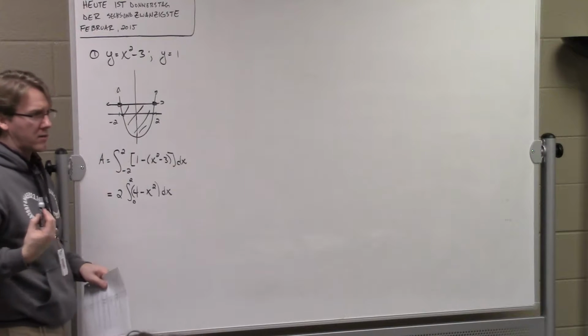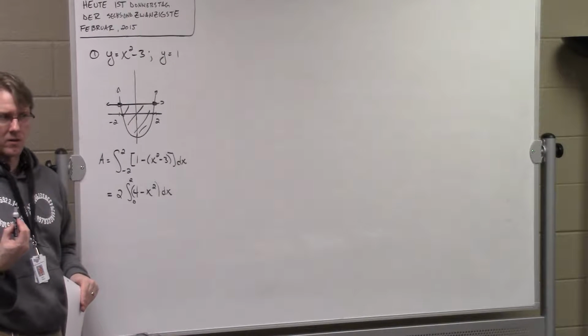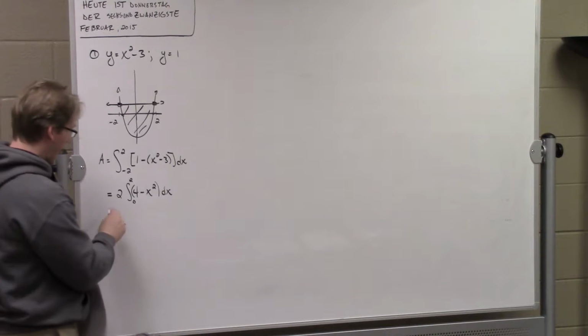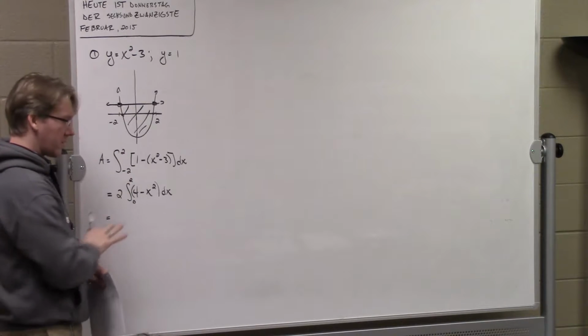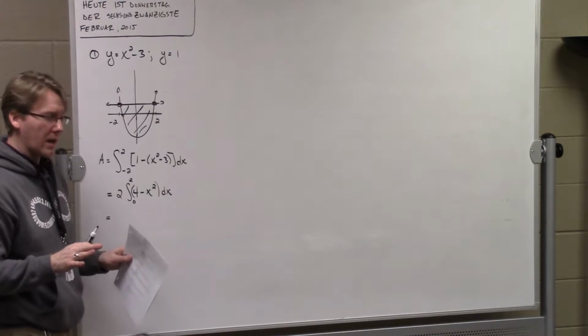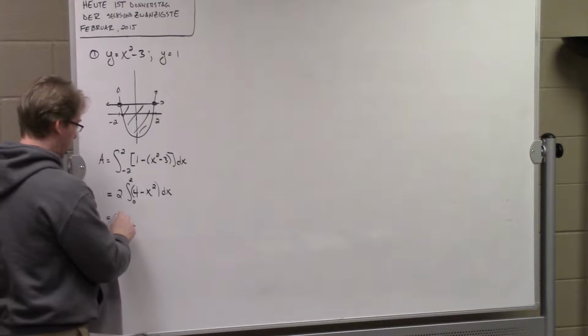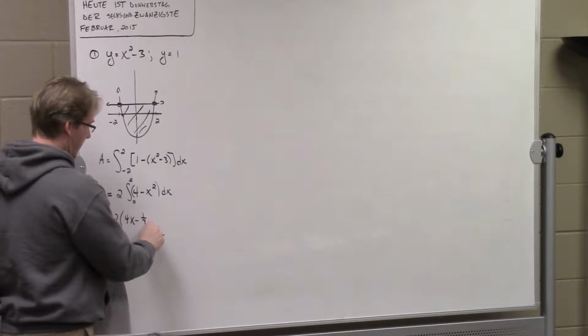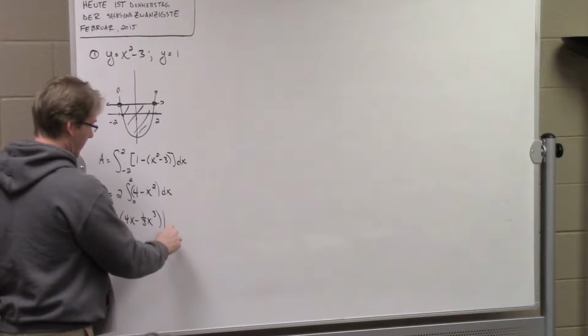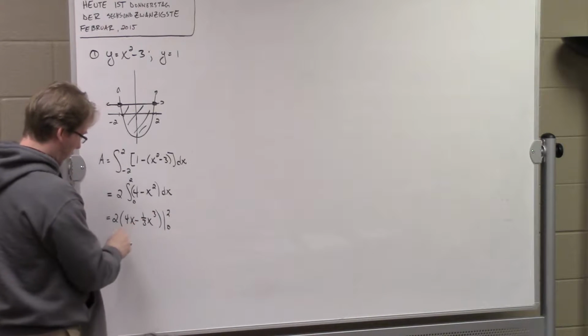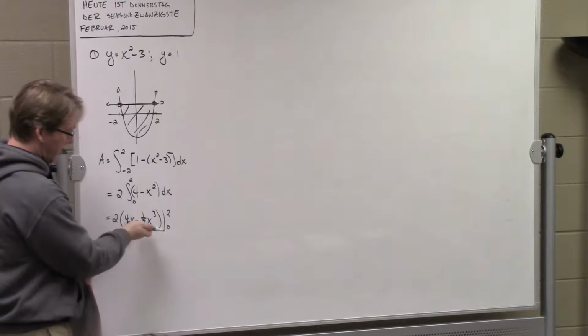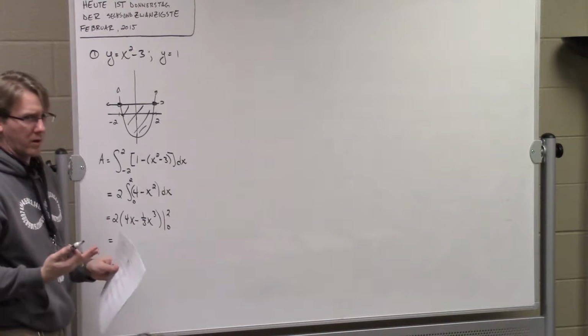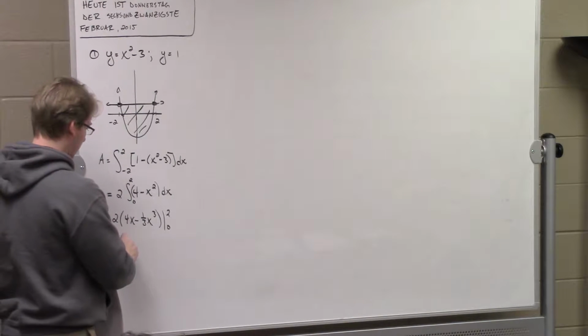You will get the same answer regardless of which of these you plug in the calculator or do by hand, okay? I am going to go ahead and finish this one just so you can see what a non-calculator problem would be. The antiderivative is going to be 4x minus 1/3 x cubed from 0 to 2. This is why I truly appreciate using zeros, because polynomials and zeros get along so well, especially in this class.